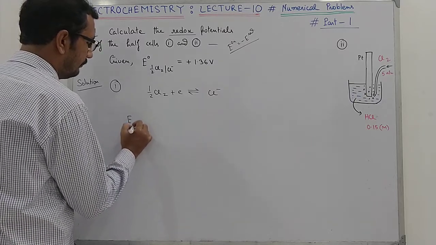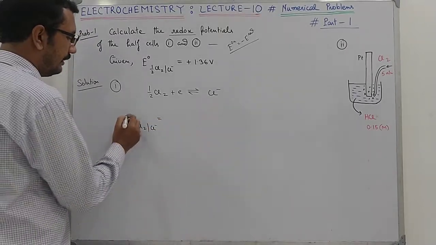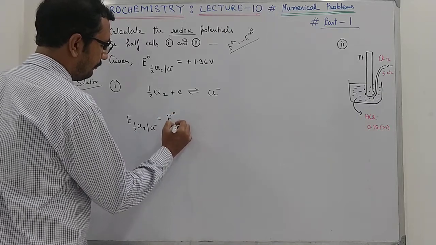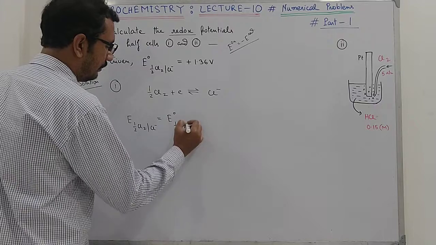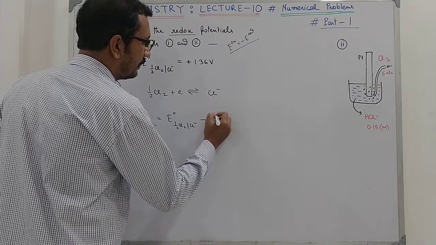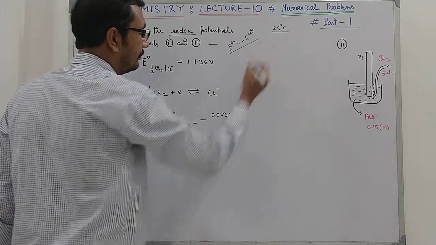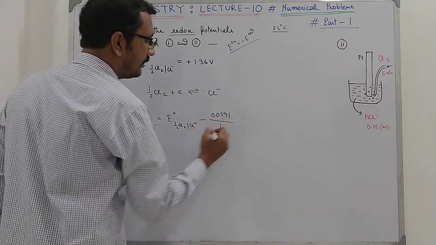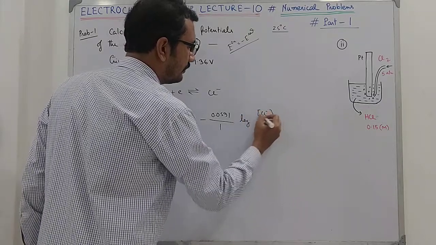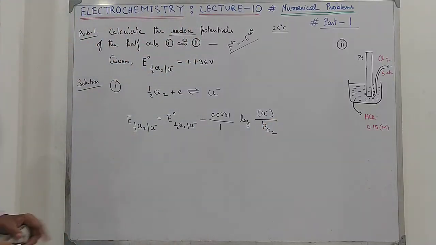Now the Nernst equation, which will be like this one, E of half Cl2 Cl minus is connected to E0 half Cl2 Cl minus, this is in standard state, minus 0.0591. I have considered 25 degrees centigrade in the previous problem, so it will be maintained, and there is one electron transfer. So here it will be log of Cl minus concentration by P Cl2. See, this is the Nernst equation.